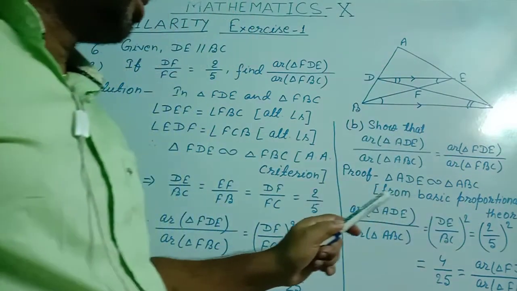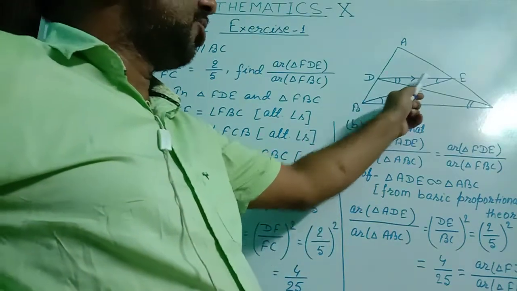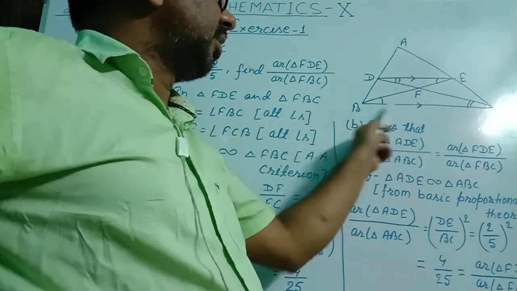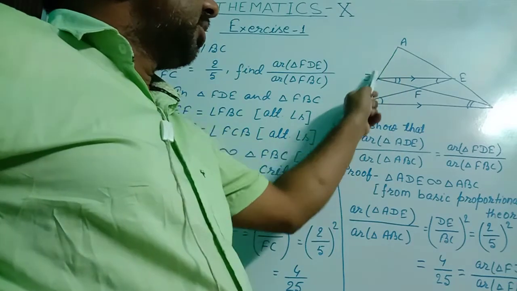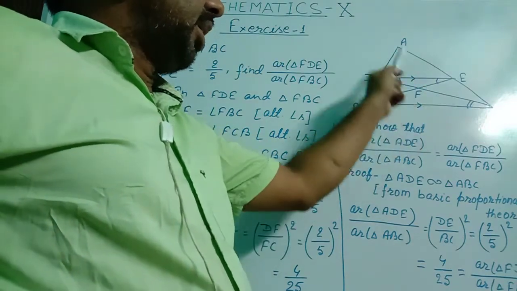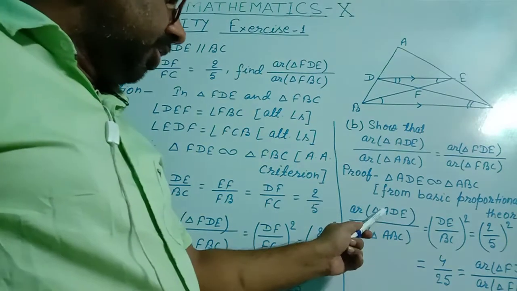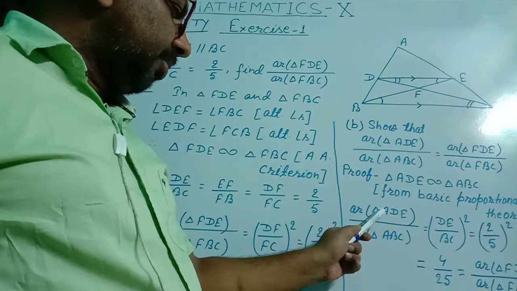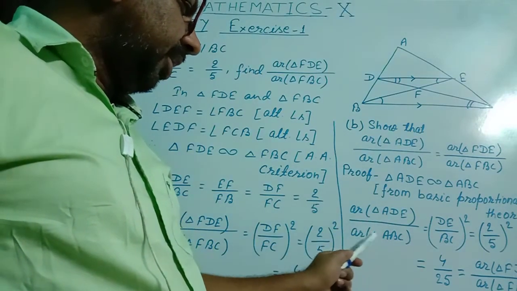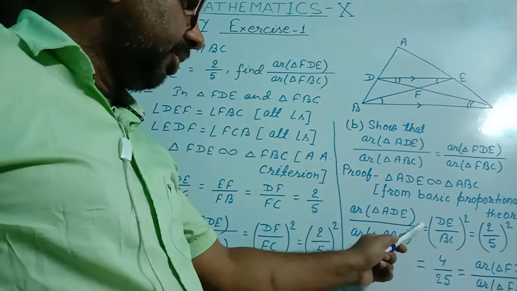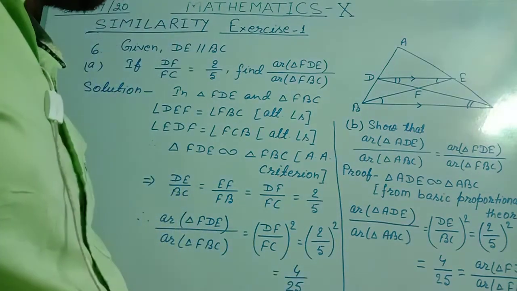I repeat this concept: if any line is drawn parallel to the third side of the triangle, then we get two triangles, that is ADE and ABC, and these two triangles will be similar. While these two triangles are similar, the ratio of their areas, area of triangle ADE by area of triangle ABC, will be equal to the square of the ratio of their corresponding sides.